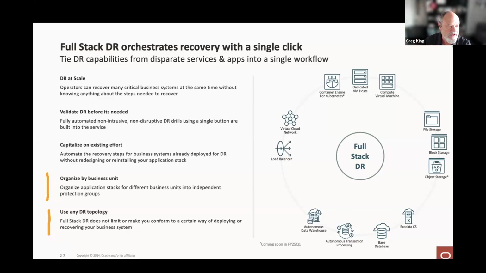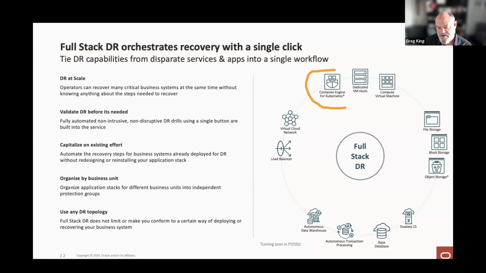All right, so let me talk about one other thing. These are the things that we support right now, or we're going to be supporting. This one right here, the container engine for Kubernetes, OKE is another name for that. We're in limited availability right now for that, and hopefully later on this calendar year, in a few months, you should see this in production.